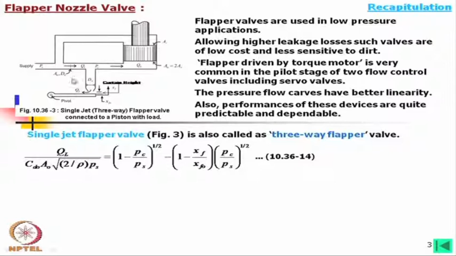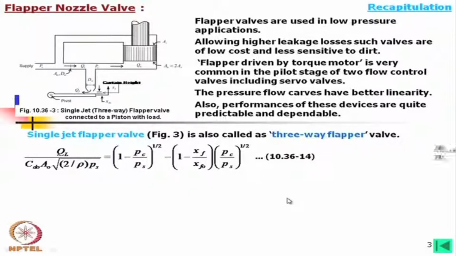This area is nothing but pi d0 squared by 4, where d0 is the orifice diameter. Then we get Pc by Ps, that is, the control pressure by the system pressure. This will definitely be less than 1. So, this term is always a real term, and then xf divided by xf0, where xf is the flapper motion and xf0 is the initial gap.